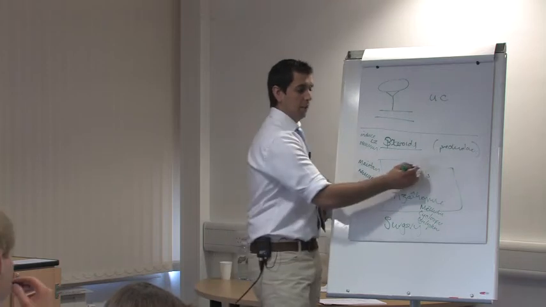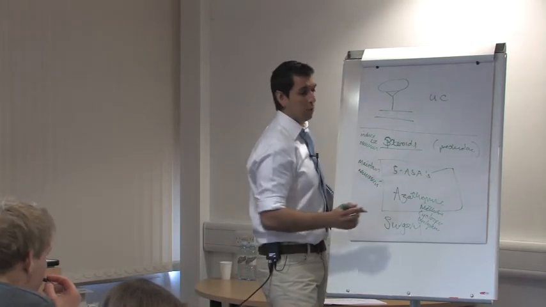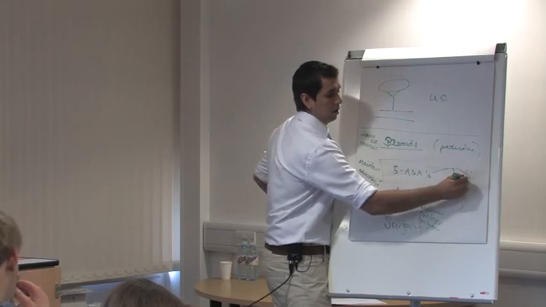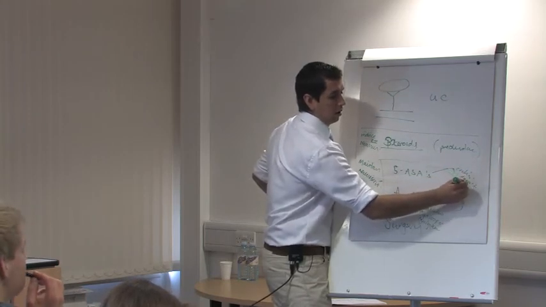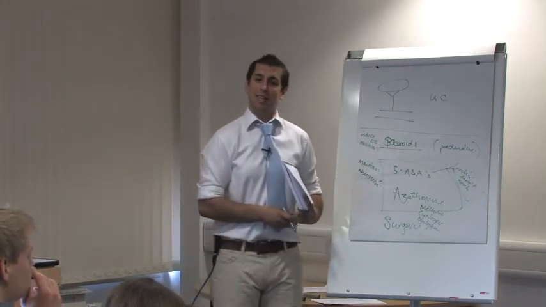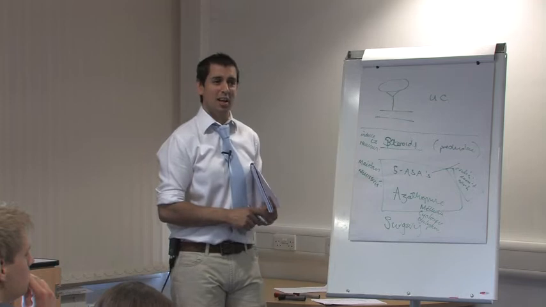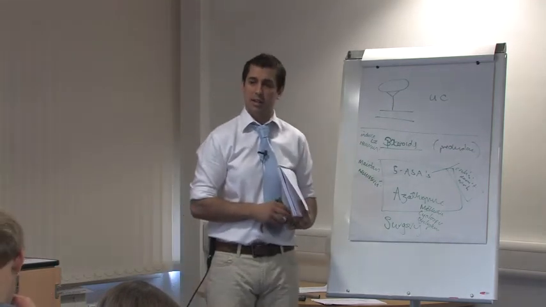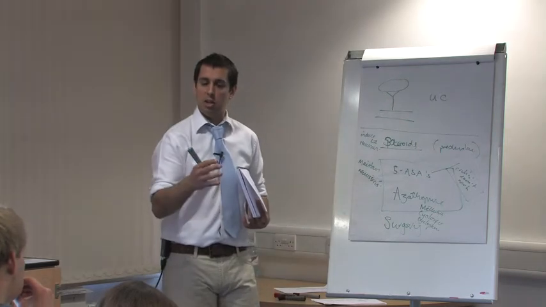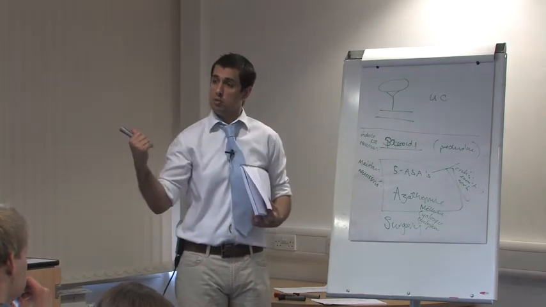What we know is 5-ASAs don't really work in Crohn's disease. We will still start everybody with Crohn's disease on 5-ASAs, even though there is no evidence base behind it, because if we give it to them, the patient might go home and their Crohn's disease might get better on its own.